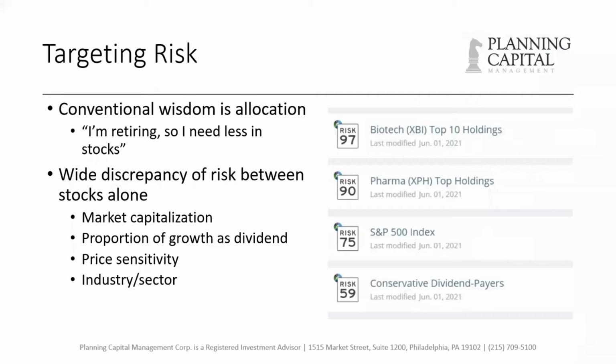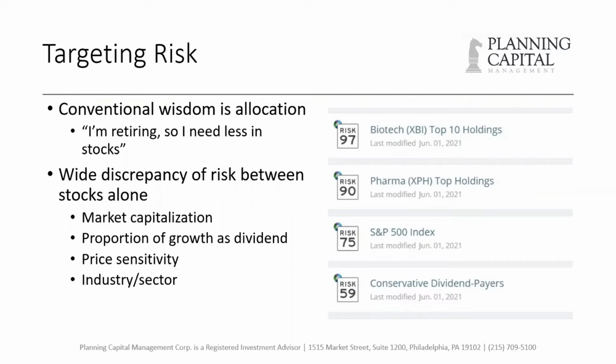If you look on the right-hand side of this slide, you'll see a few different listings with different risk numbers. The first one says risk 97, so we're close to the top end of the risk scale. This is XBI, the biotech sector ETF, taking the top 10 holdings in that ETF.